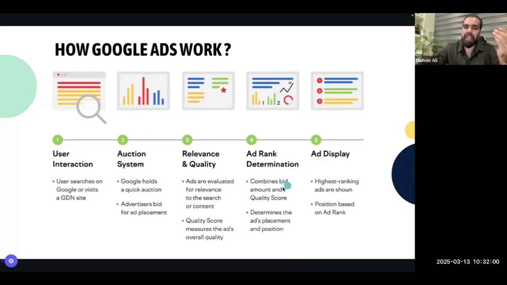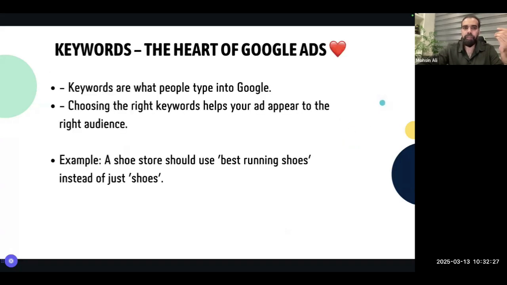Combining the bid amount and quality score, Google is going to place your ad somewhere. And then ad display. Once they determine your ad ranking, it starts showing your ad on Google. So this is a process working behind the scenes in Google to show your ads in the first or top position.